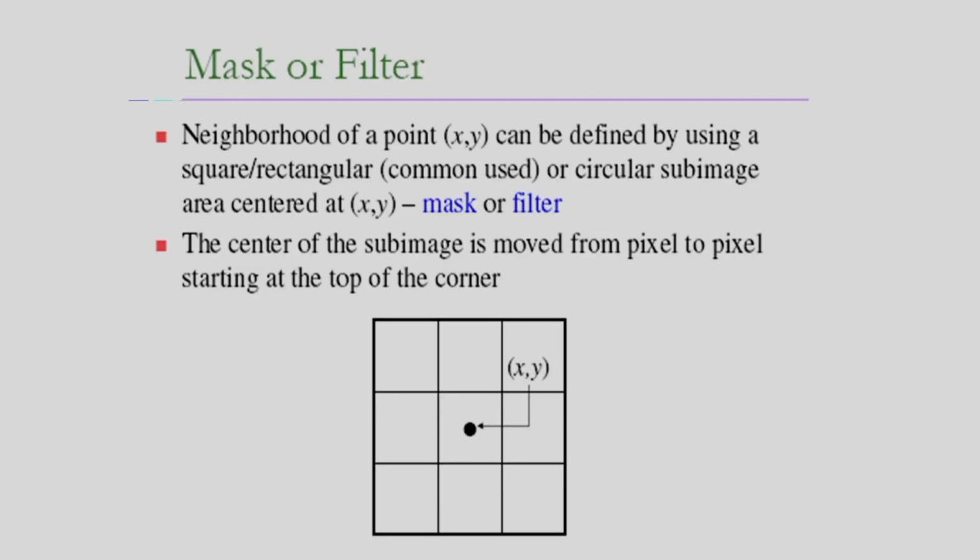So the mask is similar to this. It is a symmetric mask, and the center pixel of the mask is (x,y), and that I can consider as a filter. So I have the filter values, the coefficient values, or I can consider them as weights of the mask. So this is one example of the mask or the filter.